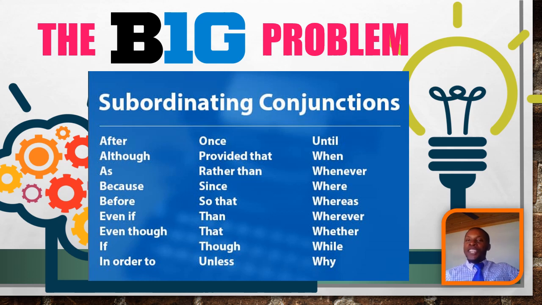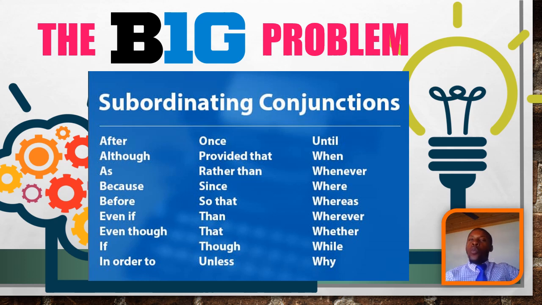However, there is a special group of conjunctions called subordinate conjunctions, or subordinating conjunctions. A subordinate conjunction joins an independent clause with a subordinate or dependent clause. A subordinate or dependent clause cannot stand on its own. It is dependent on an independent clause.